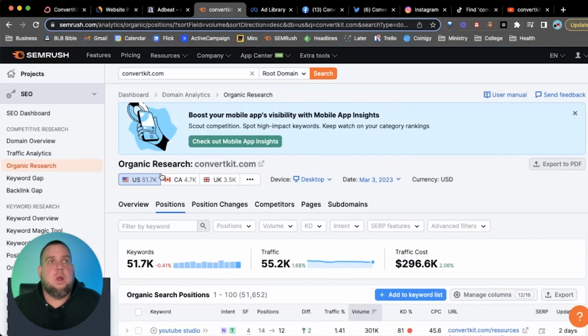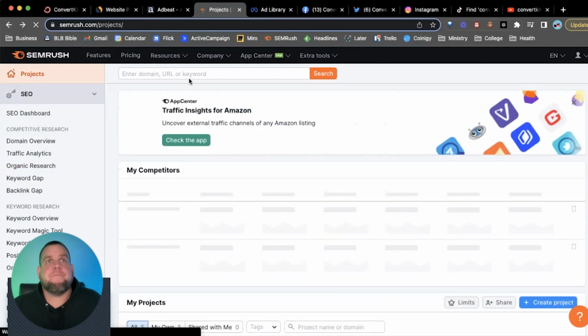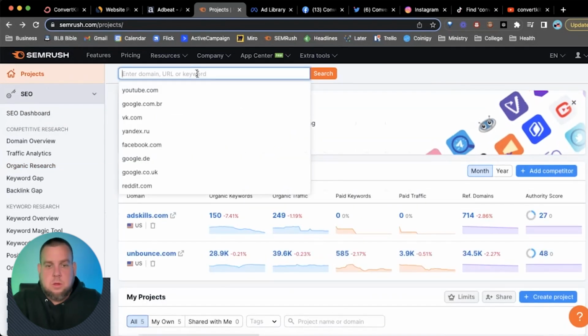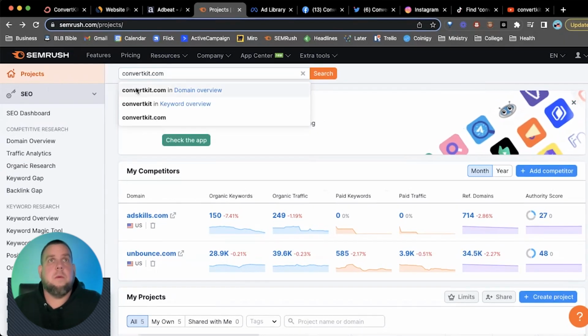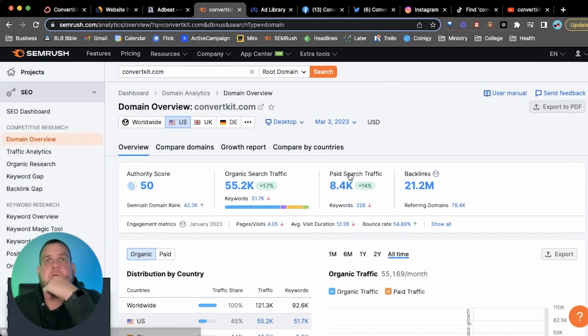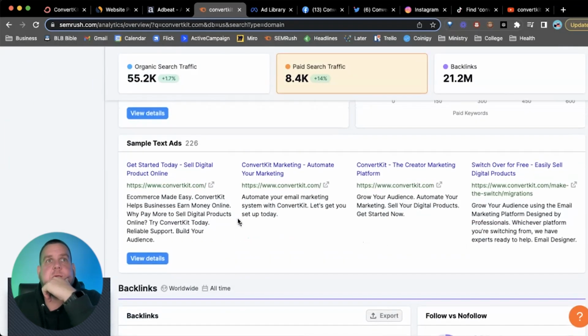Then let's go ahead and look at their strategy for the paid search. We'll go back a couple of projects. There they are. And we'll drop down to paid search and see what they're doing down there.